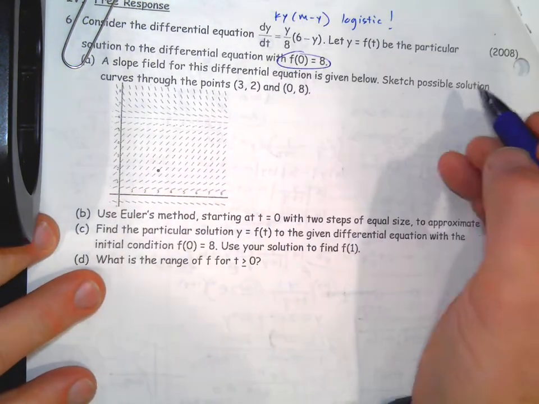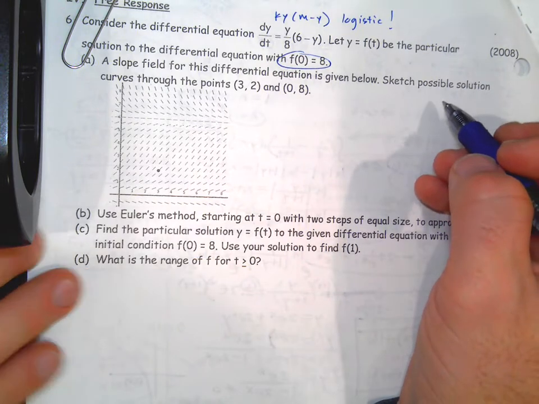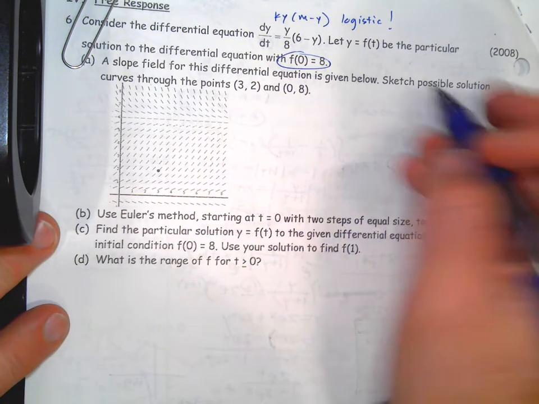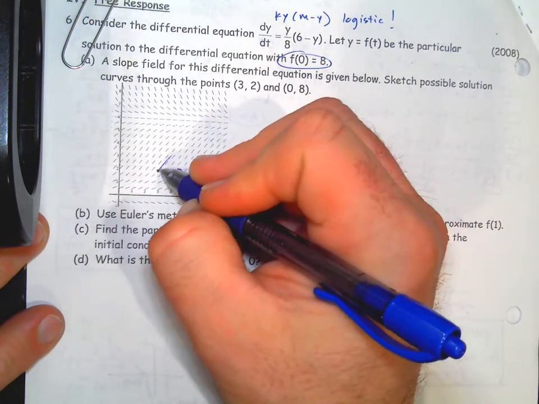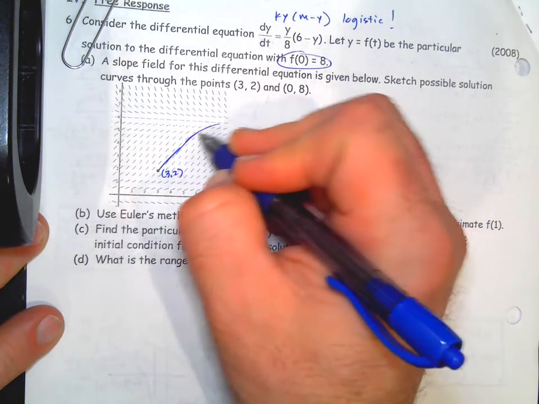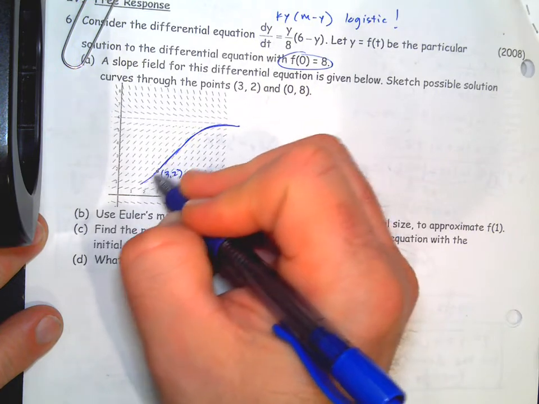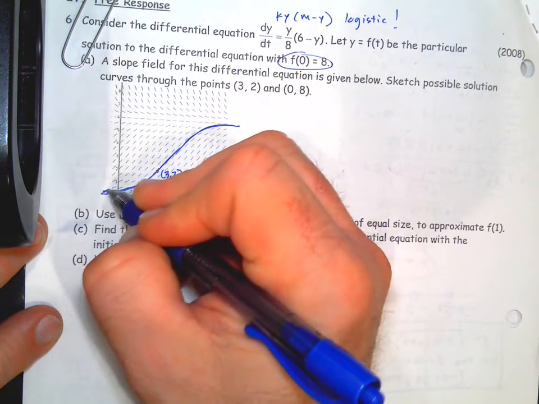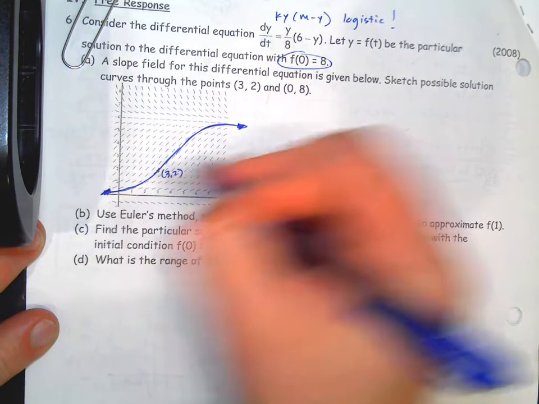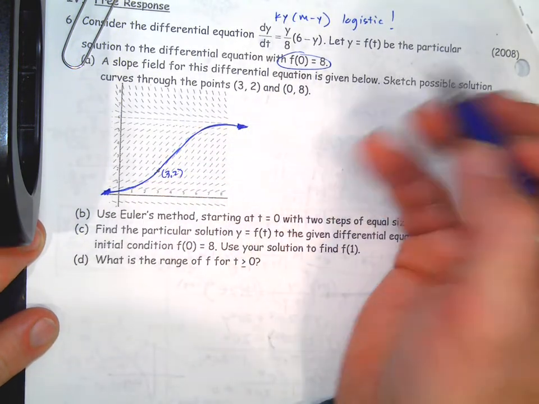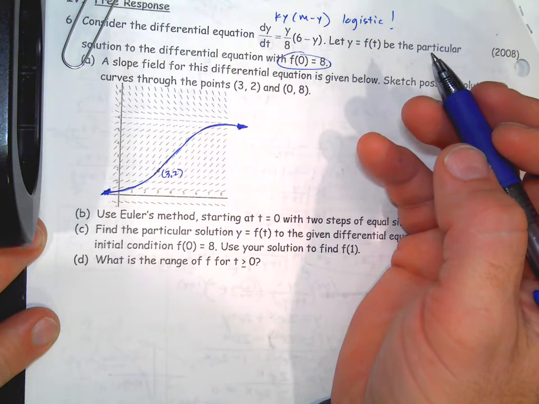Initial condition, slope field, sketch possible solution for (3, 2), which is right there. So even without knowing it's logistic, you should hopefully realize there are horizontal asymptotes with arrows going toward the ends. So, okay, that looks like a logistic curve.